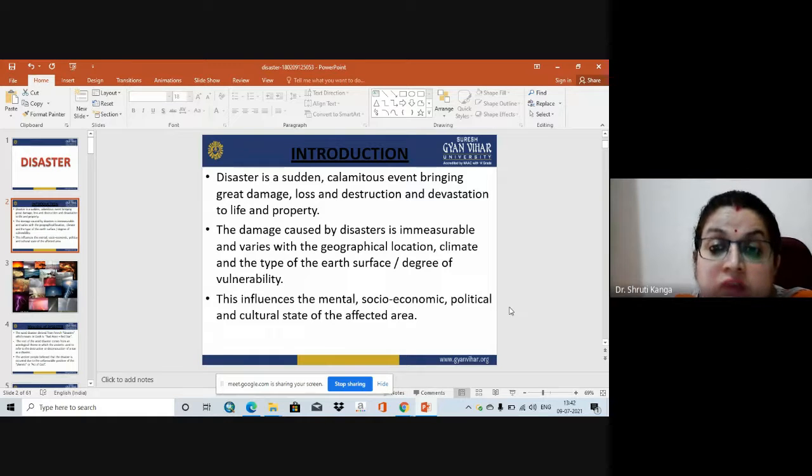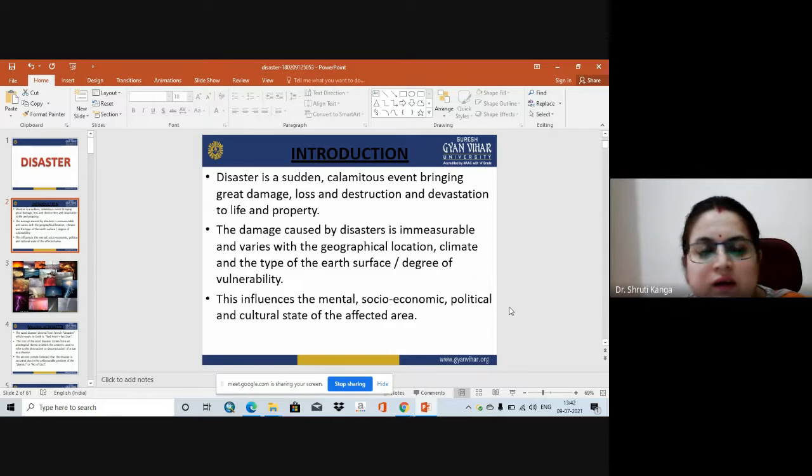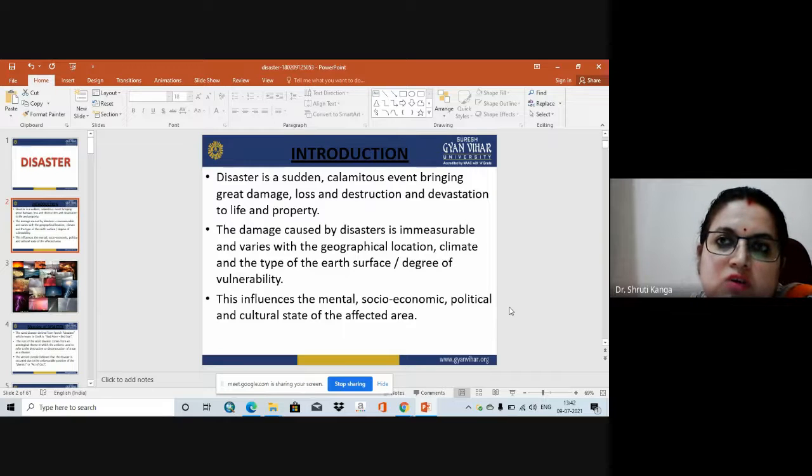Heat wave: if the temperature is 10 or 15 degrees, there will be no case of heat wave. Only in areas where the temperature increases or exceeds up to 50 or 48 degrees may you have cases of heat waves. But in high altitude areas, we have cases of cold waves.